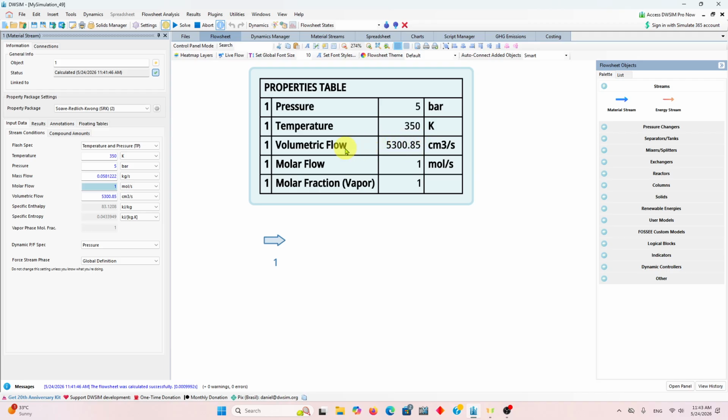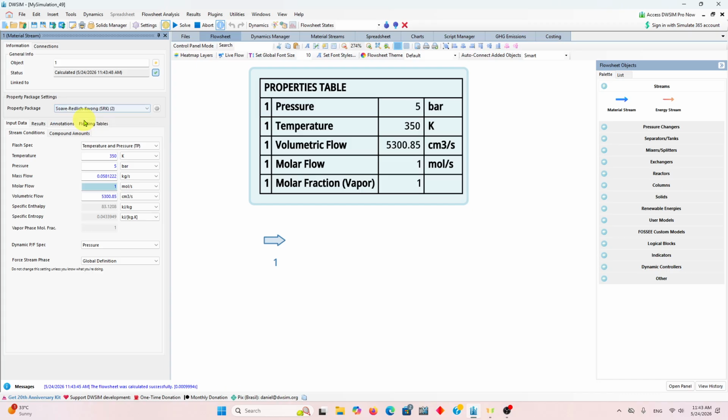Okay, what will be the ideal volume? If you simply change the property package to Raoult's law, you can check that the molar volume of n-butane, if it is behaving ideally, is around 5819.8.